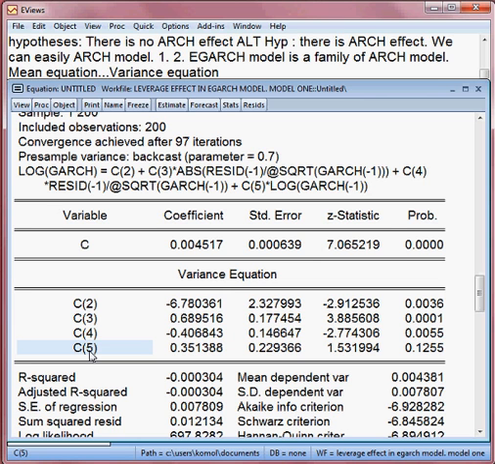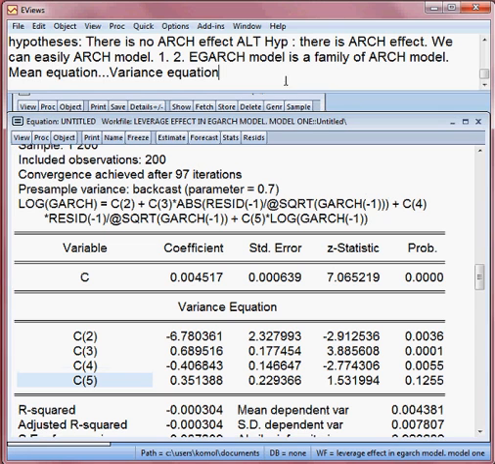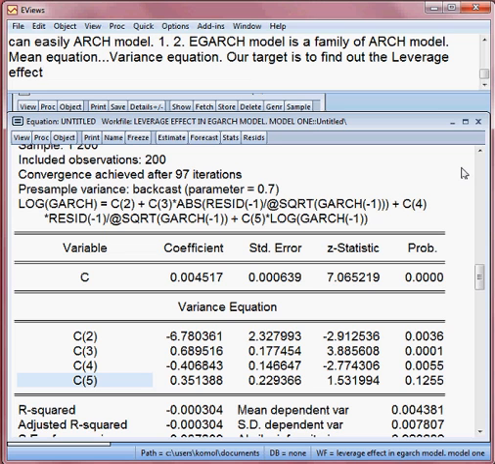Okay, and what is our target? Our target is to find out the leverage effect, right? That is our target.